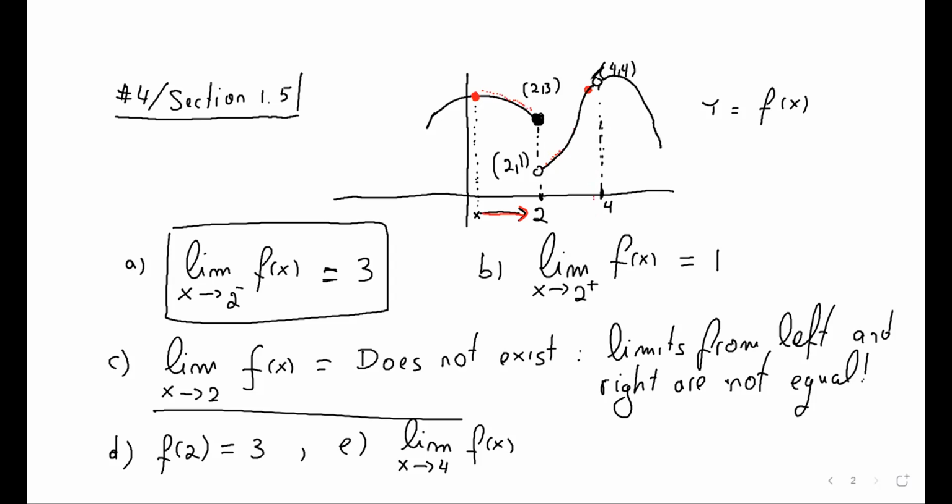So as I'm approaching 4 from both sides, my points on the graph will either way slide toward this 4 comma 4. So even though the value at 4 is missing, the limit as x approaches 4 of f of x will end up being 4. That's the y value at this point, 4 comma 4.